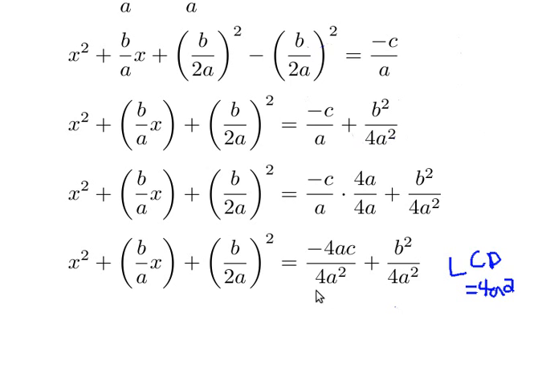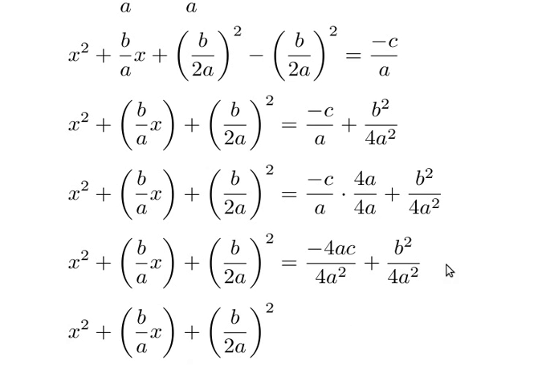Well, now we have like denominators, so we can go ahead and add these two fractions. So I just cleared that off. Hope that's not too soon. But again, I'm going to keep the left side untouched.